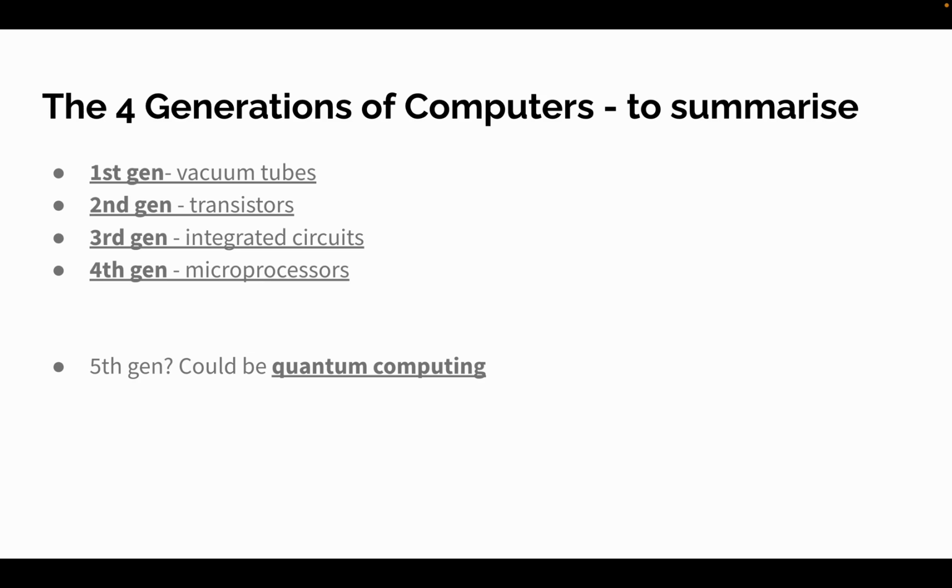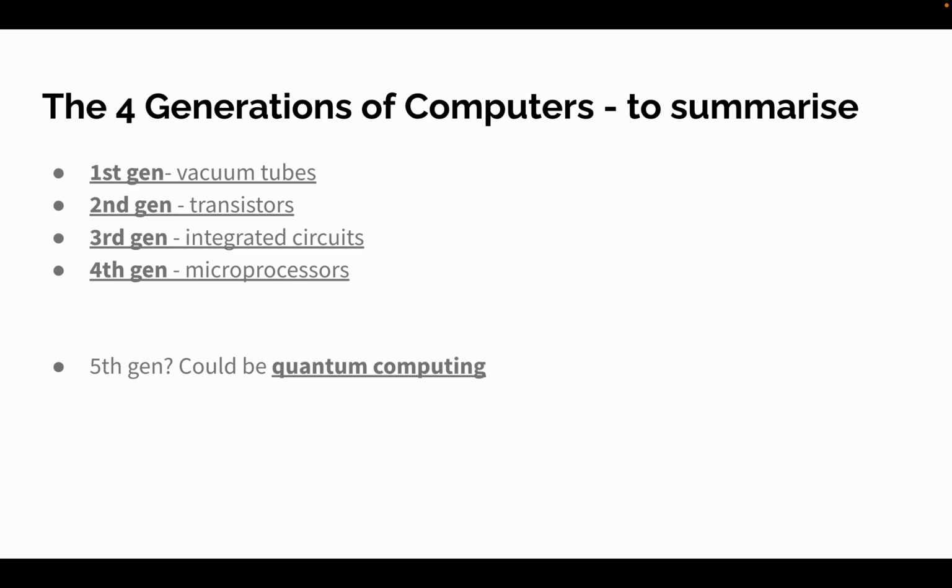The first generation, vacuum tubes. They were small at the time, but still by modern comparison very big. Then you move on to the transistors, which were much smaller, cheaper, better. Then you have the integrated circuits, which were used in the likes of the Apollo guidance computer. And then for the 4th generation, you have the microprocessors, which carries into today, because every computer nowadays uses a microprocessor.